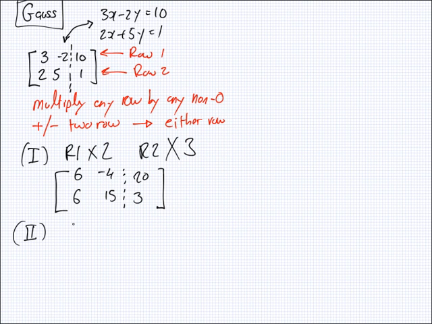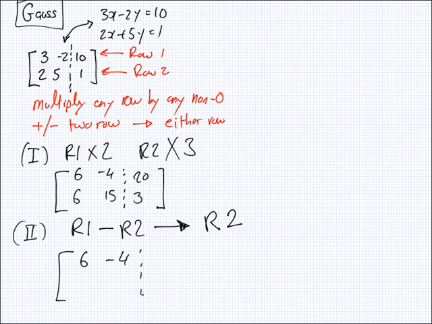Now, next, step 2. What I'll do is I'll do row 1 minus row 2, and I'll put the answer onto row 2. Okay? So I keep row 1 the same, but now I'm doing row 1 minus row 2, answer onto row 2. 6 minus 6? 0. Minus 19, and then 17. Okay?